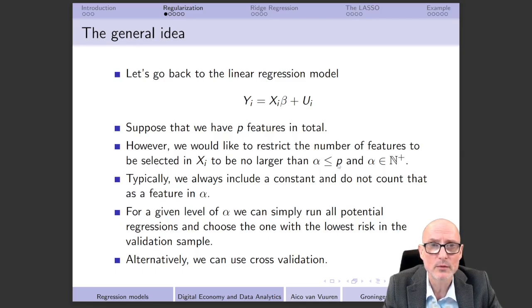That implies that we are not going to include all the different potential features in this x_i, but instead only alpha of them, where alpha is, of course, an integer: 1, 2, 3, 4, 5, etc. It cannot be larger than p itself, because we cannot include more features into this x_i than the total features we have in our analysis. That is the idea behind this.